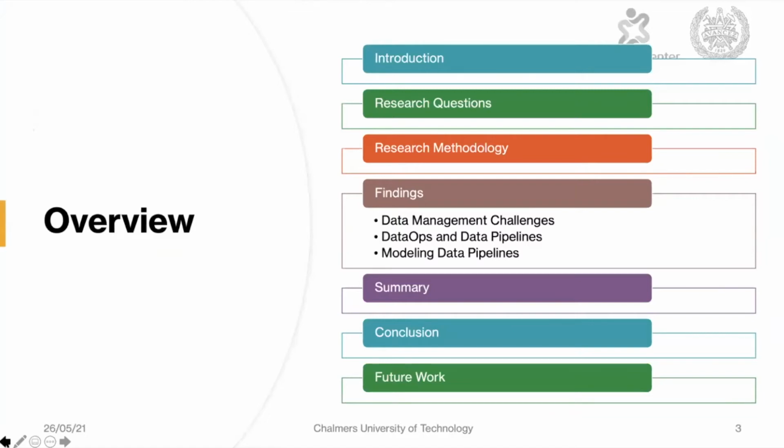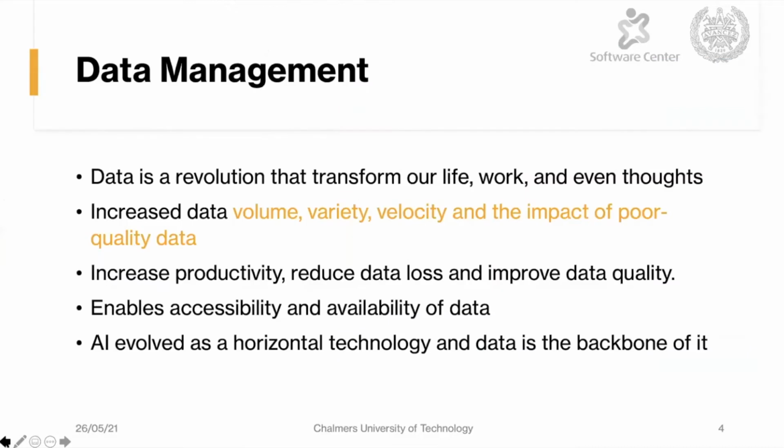These three parts of the findings are based on the 5 empirical works that I have already done and published. And then before moving to the conclusion, I'll summarize the whole research process and the results obtained from this research. And finally, I'll conclude my seminar with the future directions that I would like to explore after my licentiate.